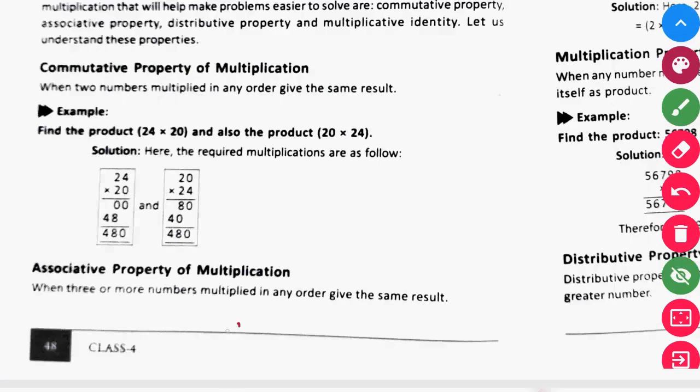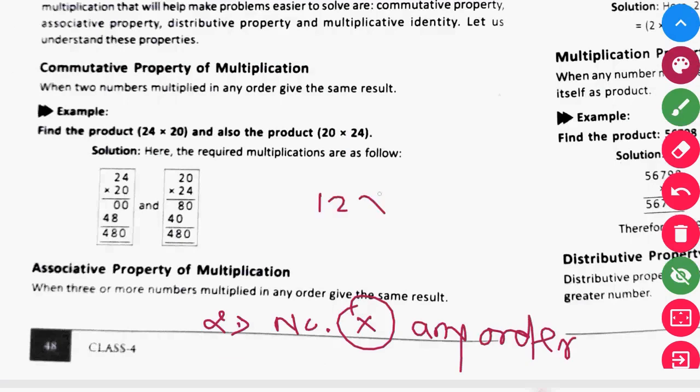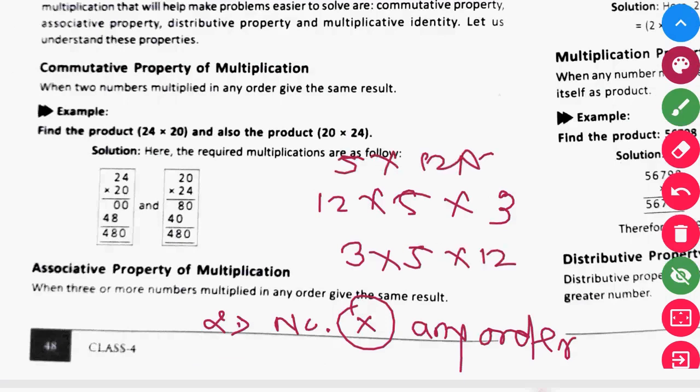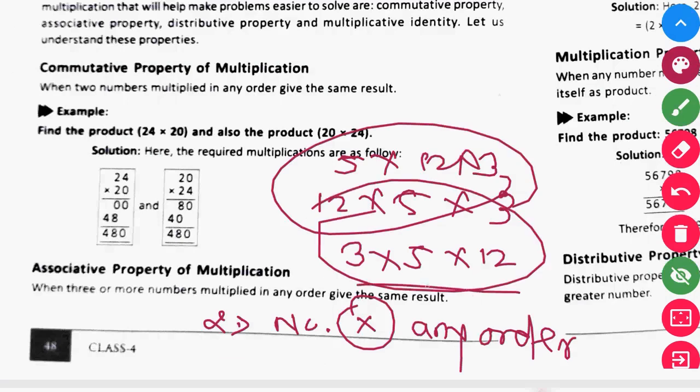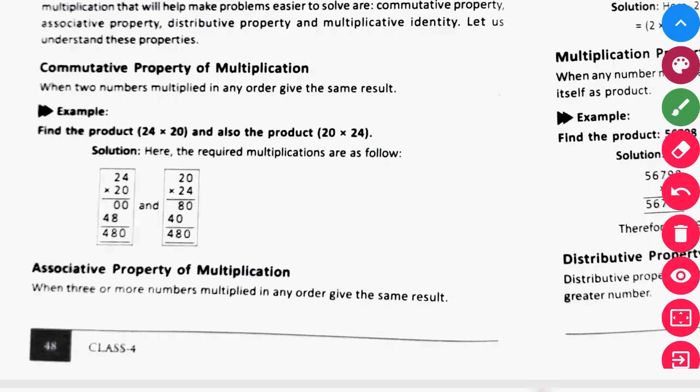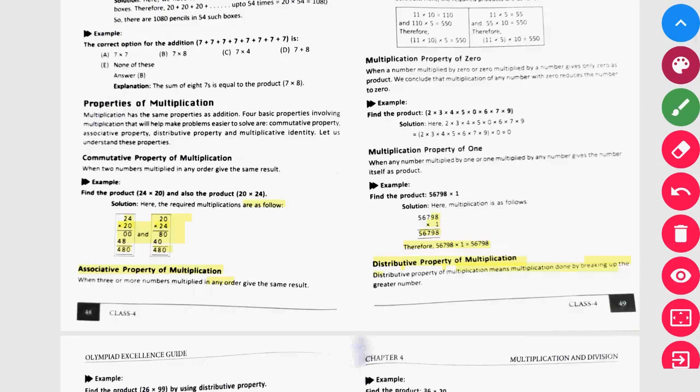If I say 12 multiplied by 5 multiplied by 3, or 3 multiplied by 5 multiplied by 12, or 5 multiplied by 12 multiplied by 3, any order gives the same result of 180. That property is known as the associative property.